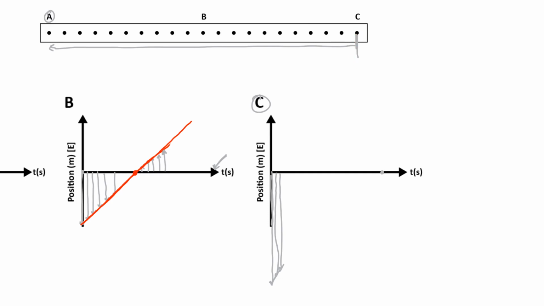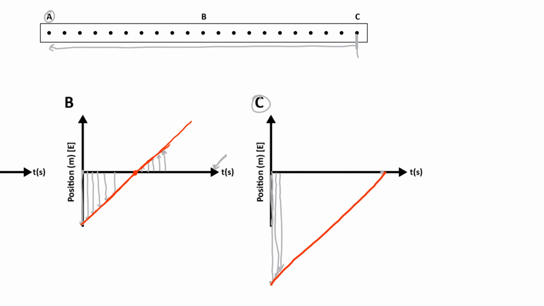From that reference point, your position was never positive, so you're never in this region. You're always in the negative region, but at the very end, you're zero distance away from the reference point.